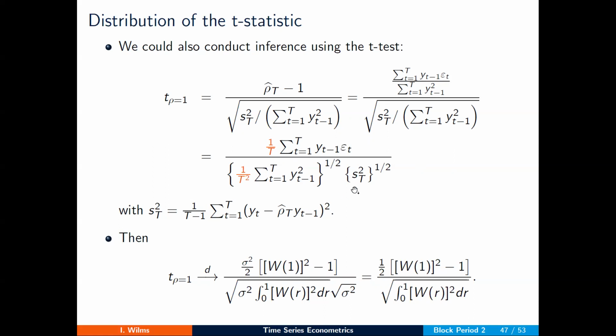In addition, the sample variance of the residuals, this guy over here, goes also to sigma squared, since the consistency of rho hat implies that this guy converges in probability to sigma squared. If you then plug in all of the pieces, the expressions you derived on the previous slides, and the convergence of the sample variance, you also arrive at the limiting distribution of this t statistic.